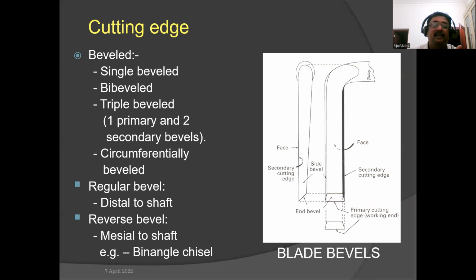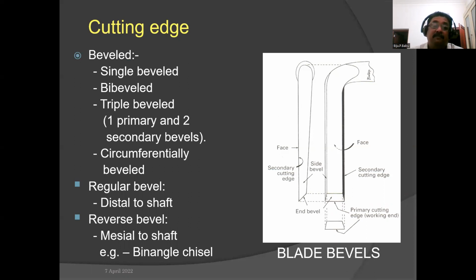Sometimes the bevel can be given on one side of the blade. If it is given only on one side, it's called a single beveled instrument. And if you have a bevel on both sides of the blade, it's called a bi-beveled instrument. Usually bi-beveled instruments are used for cleaving or splitting the tooth, and single bevel instruments are used for planing the root surface.